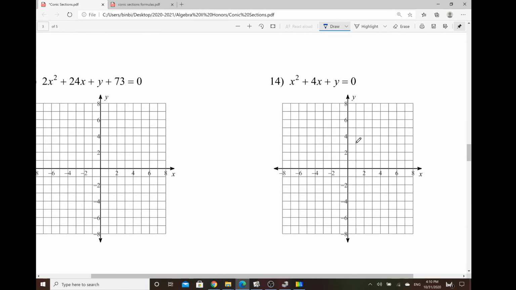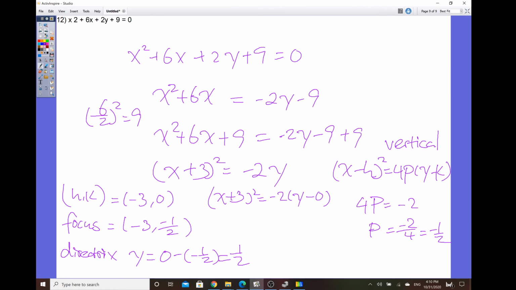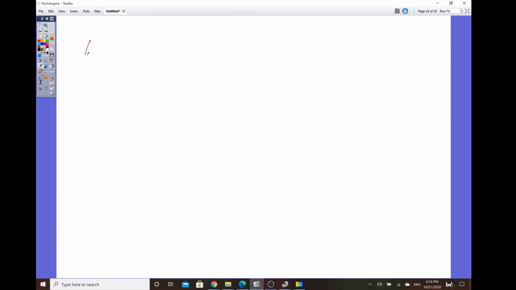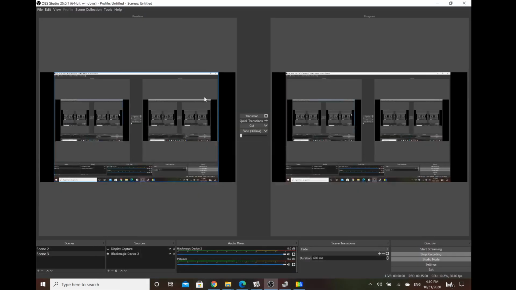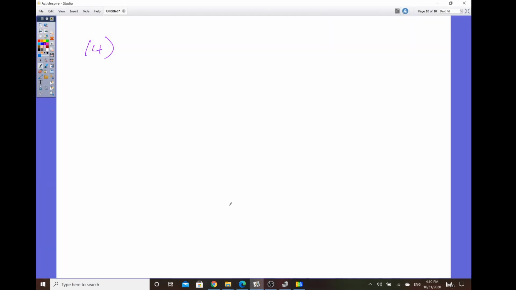And then 14 is quite similar. This one is x squared plus 4x plus y equals 0. Okay, so 14. So we got x squared plus 4x plus y equals 0.